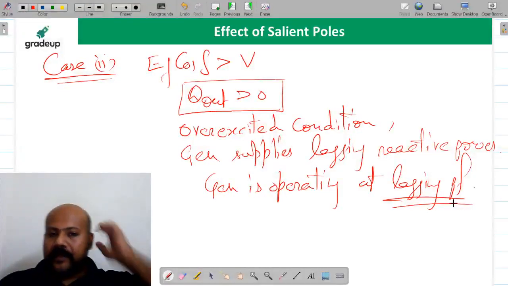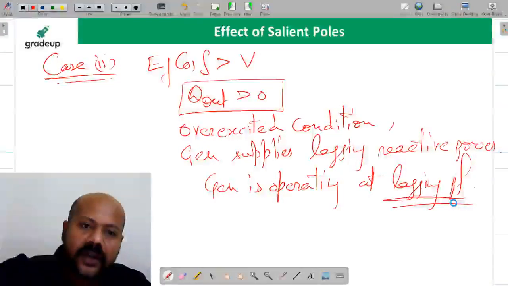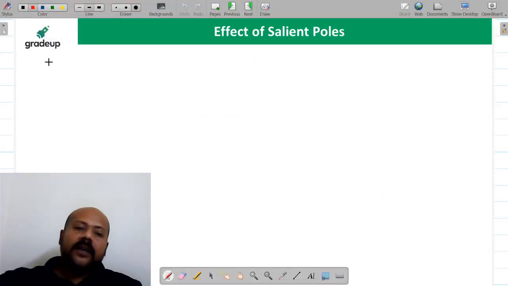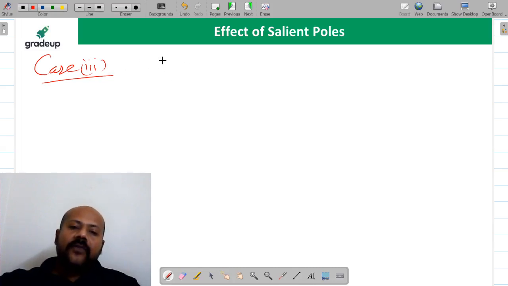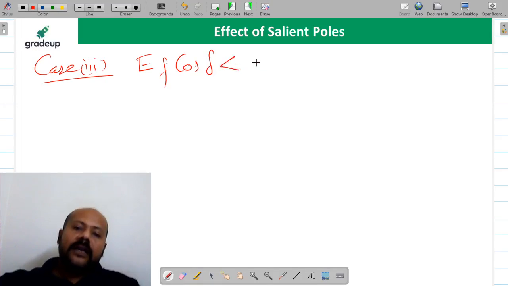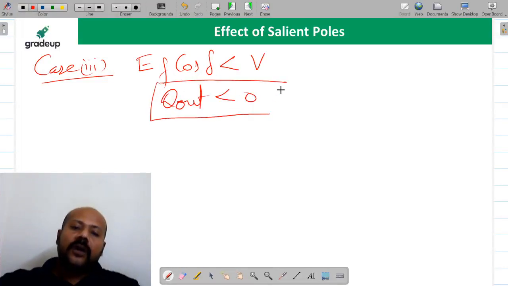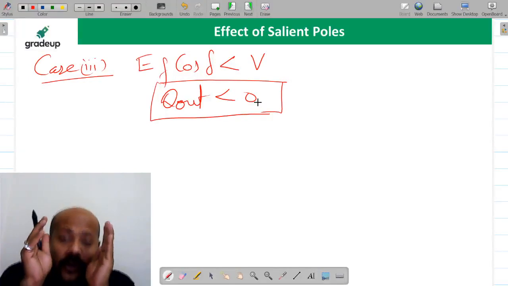You are right, beta. Now let us see the third case. Case 3, beta, we are saying when you have EF cos del less than terminal voltage V, what is going to happen? Q out is going to be less than 0. Now this is something where you have to put your mind.